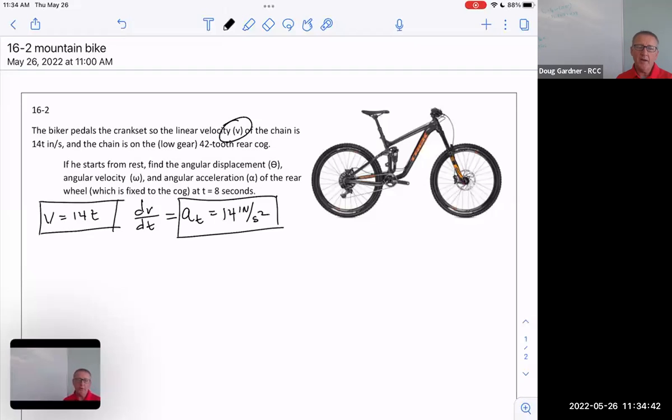At 2, you're going 28. At 3, you're going 42. And so aren't you increasing 14 inches per second every second? So the fact that you take the derivative of 14t and get 14 actually makes sense. I can see the acceleration over there. And if you think about those previous formulas we have, didn't they say velocity equals acceleration times time plus initial velocity? So isn't 14 the acceleration? I mean, there's a lot of ways to kind of look at that.